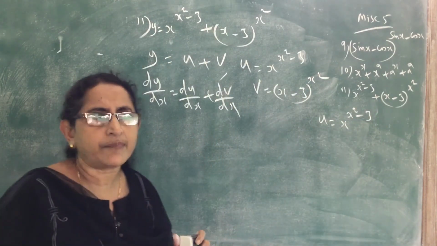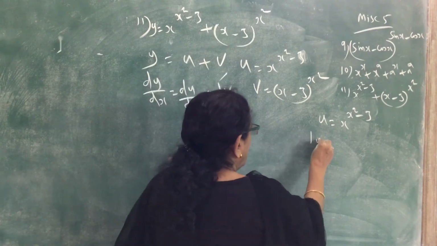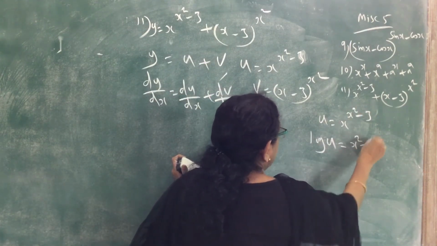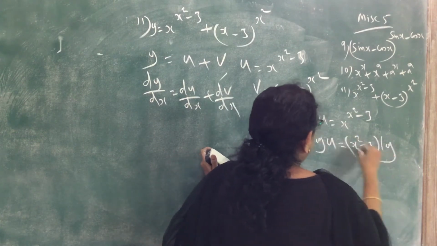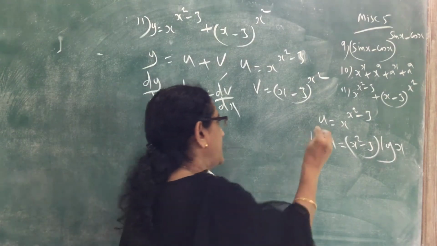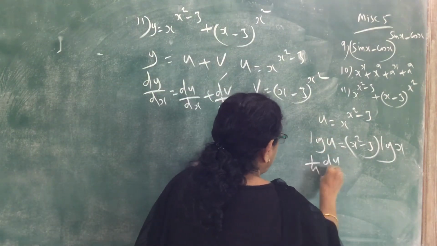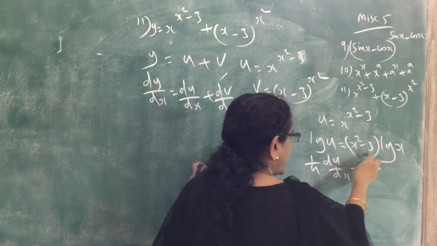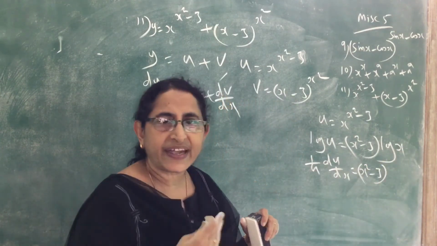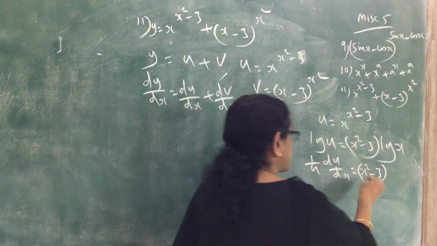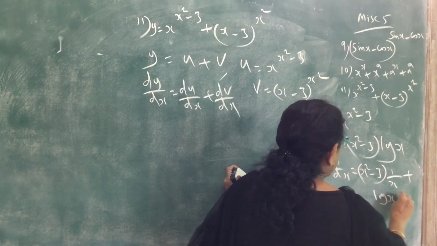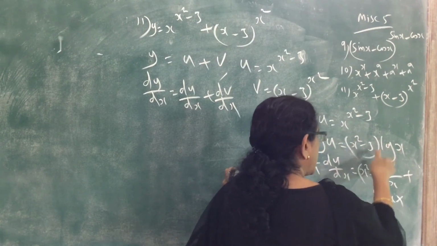Take logarithm. Log u equals, first take the power, x square minus 3 into log x. Now we can differentiate both sides with respect to x. So 1 by u du by dx is equal to x square minus 3 into, it is the product of two functions, x square minus 3 into the derivative of log x, that is 1 by x, plus log x into the derivative of the first function x square minus 3.